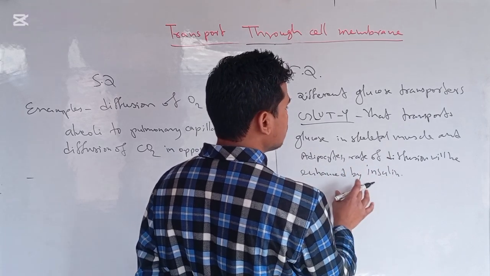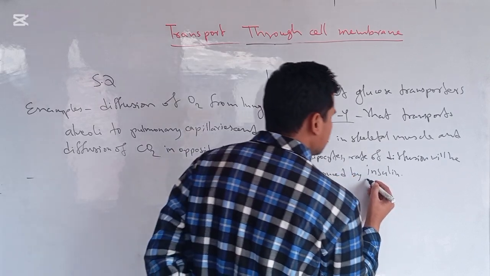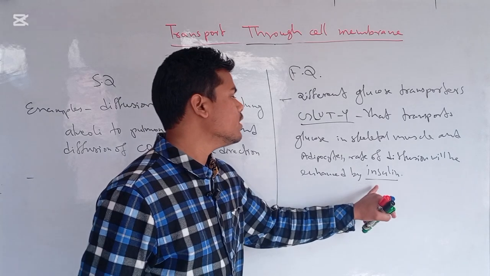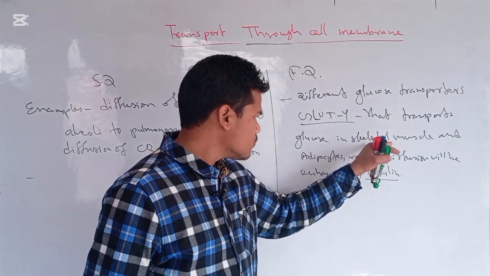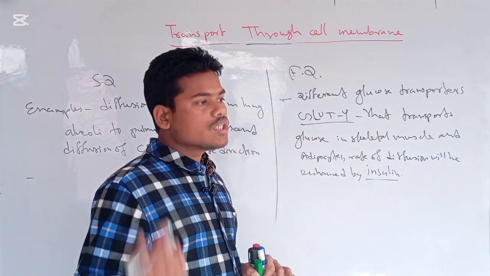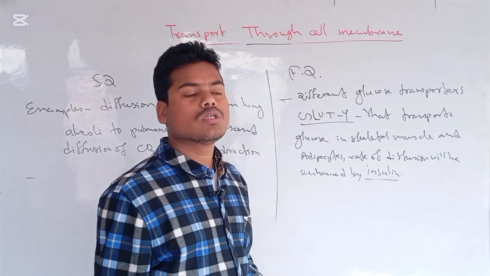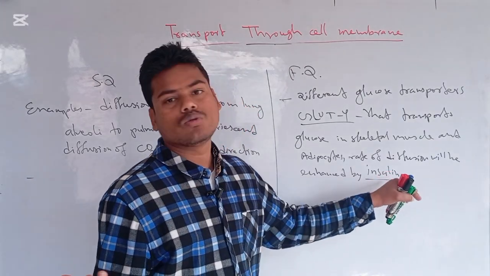Here again, what can be an MCQ question in the endocrine block: the glucose uptake is dependent on insulin only in skeletal muscle and adipocytes. In other tissues, the uptake of glucose will be irrespective of insulin.